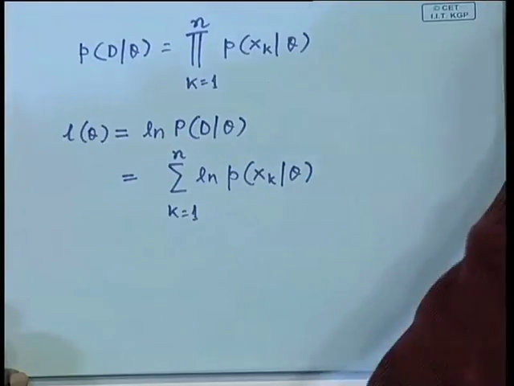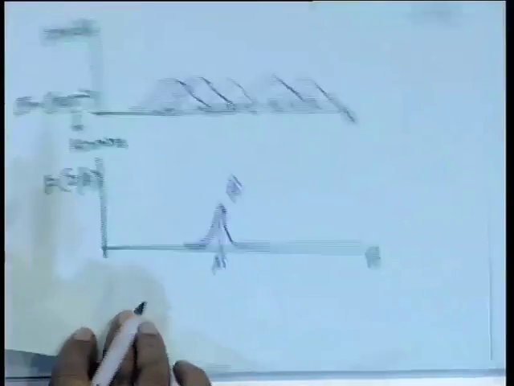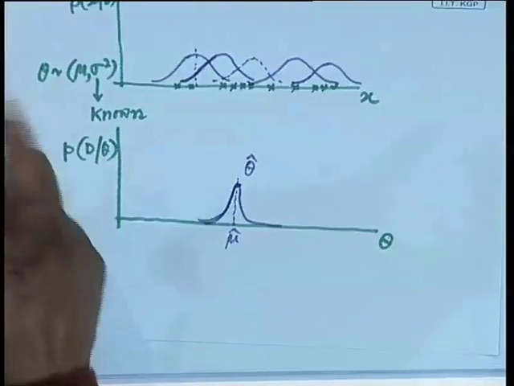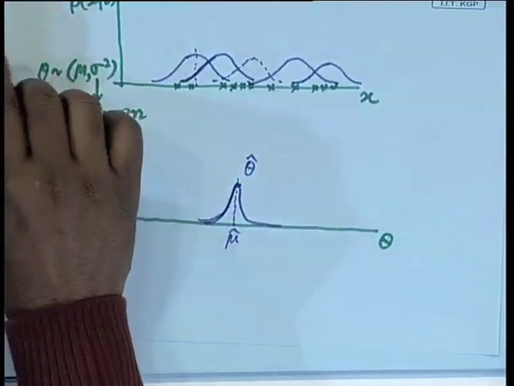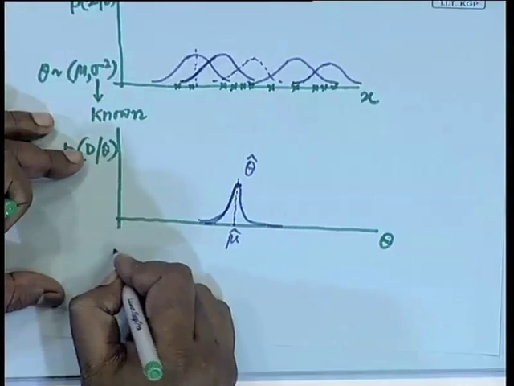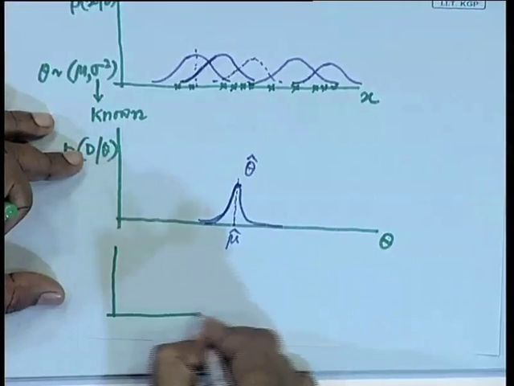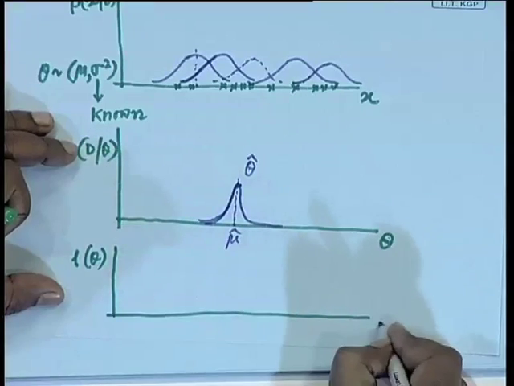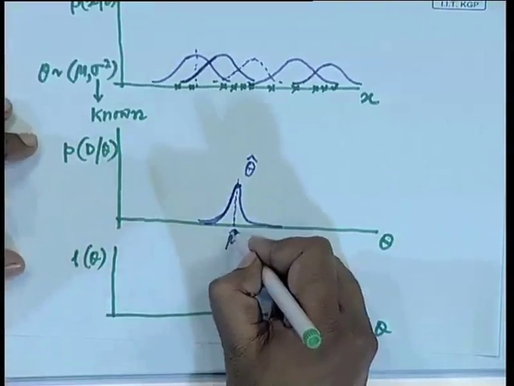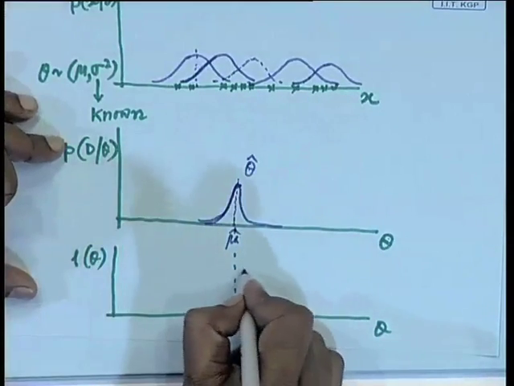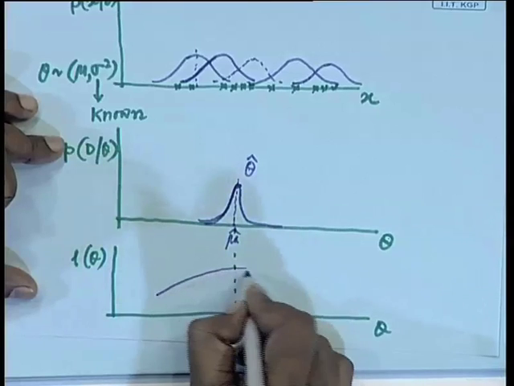Coming to this particular curve, if I put log likelihood instead of likelihood, the position of the maximum will remain the same, but the curve will be smooth. So, if I plot L of theta versus theta, the nature of the curve will be something like this.